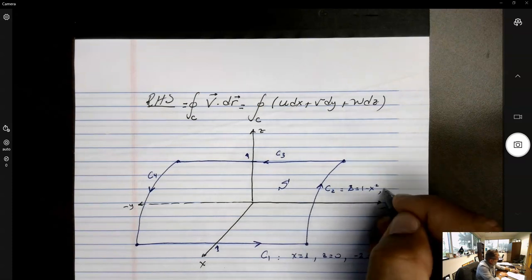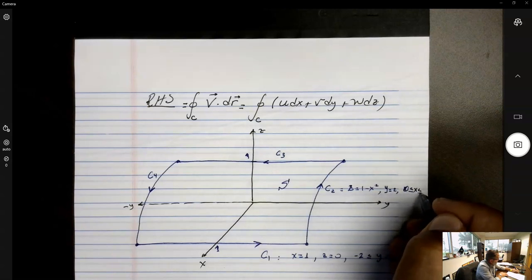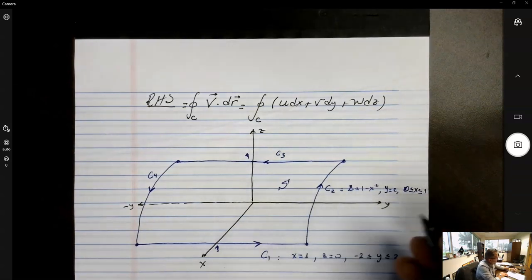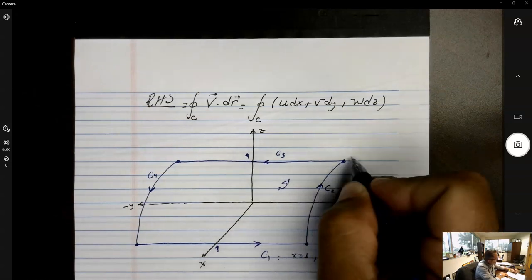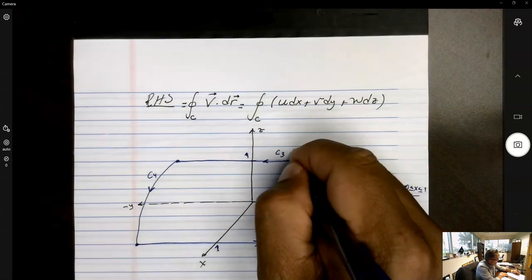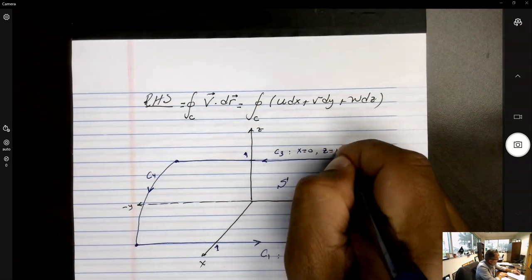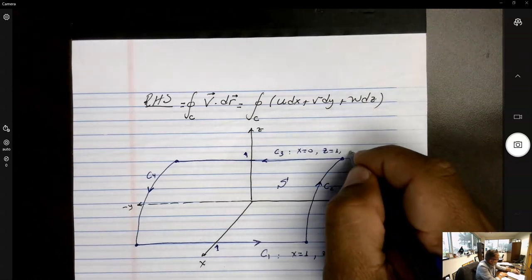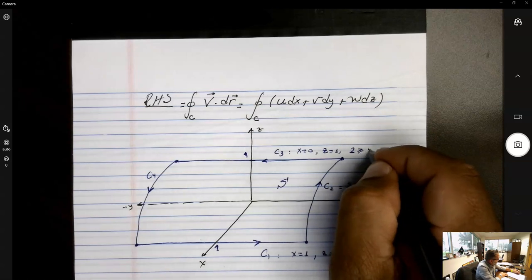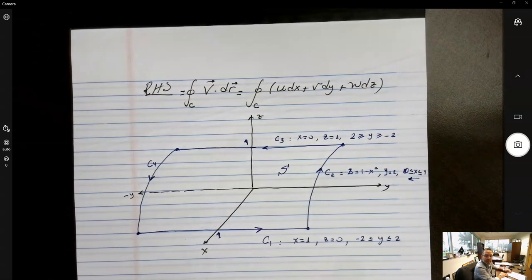y is equal to 2, and x goes from 0 to 1. I'm sorry, from 1 to 0. So it goes in the reverse direction, from 1 to 0. In here, x is equal to 0, z is equal to 1, and now y goes from 2 to -2. So it goes in that direction.